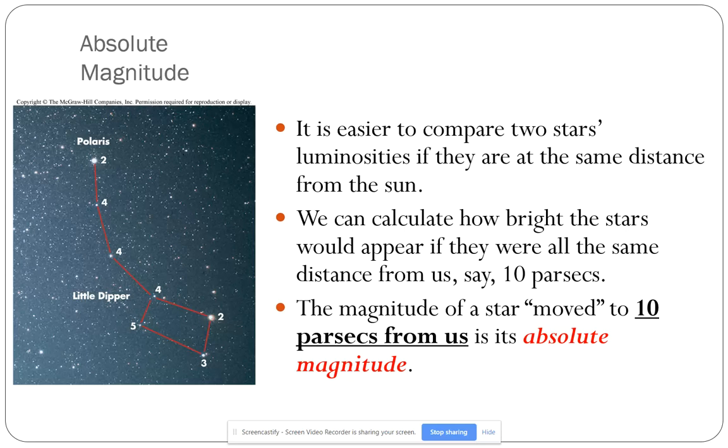And so the absolute magnitude is simply the calculation of what the relative magnitude would be from a distance of 10 parsecs away. So what we're setting for the absolute magnitude is, if you're 10 parsecs away from the star, what will its apparent magnitude be? That's the absolute magnitude. And so for the absolute magnitude, we can use the brightness relationship to shift positions.